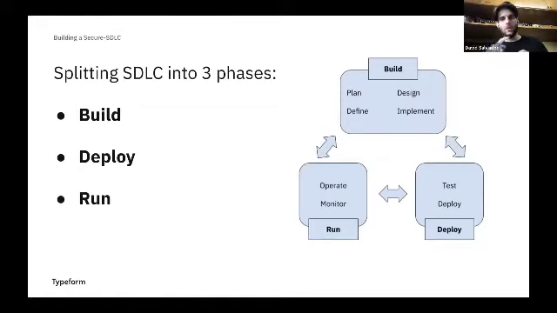Then we go to the deploy phase. In this deploy phase, we have everything that goes from testing, in terms of acceptance tests, end-to-end tests, integration tests, all of this. And we also have the part that is more operational, the actual deployment, which is to publish this new code into our servers, which are on the internet.